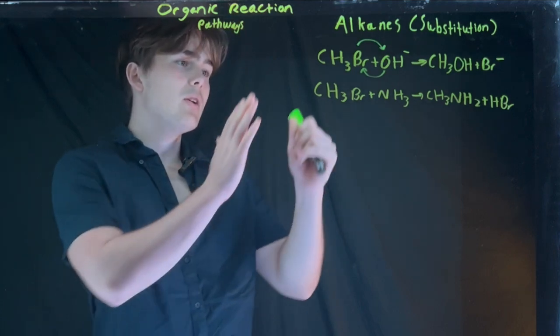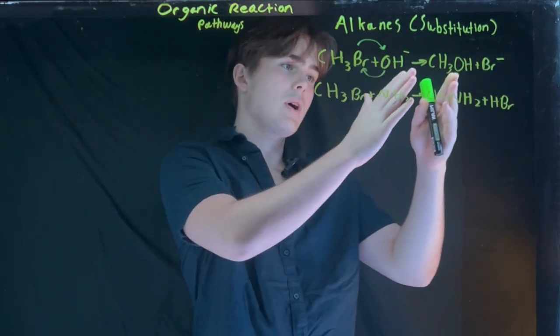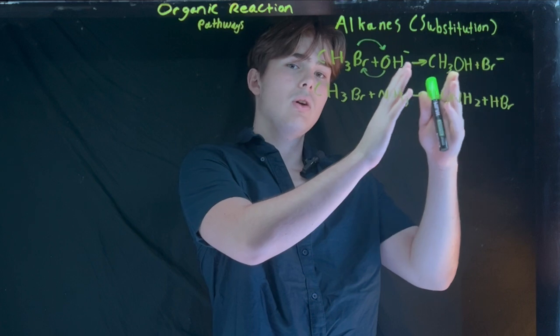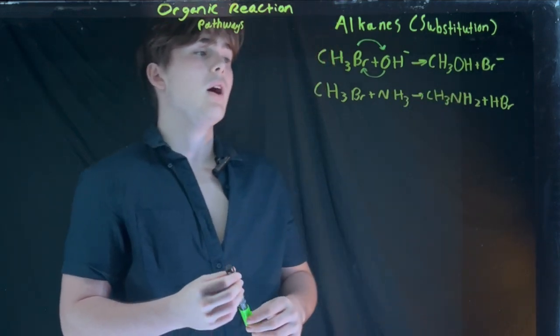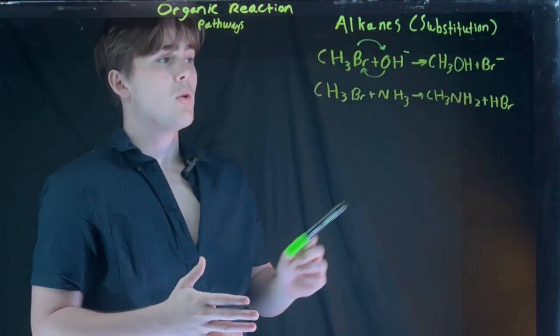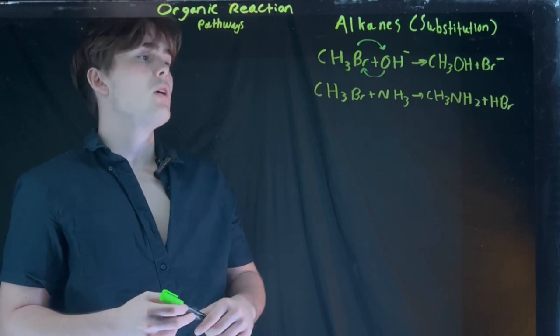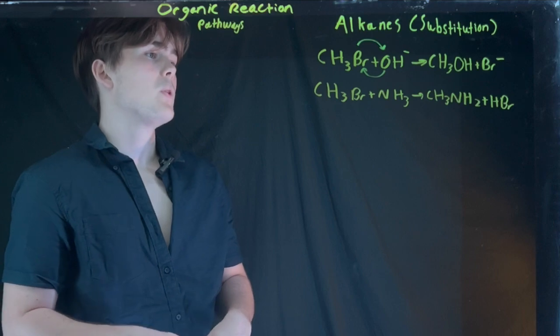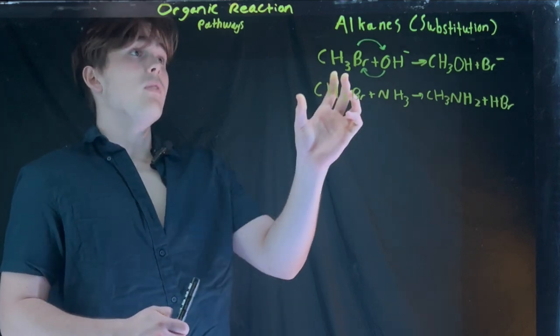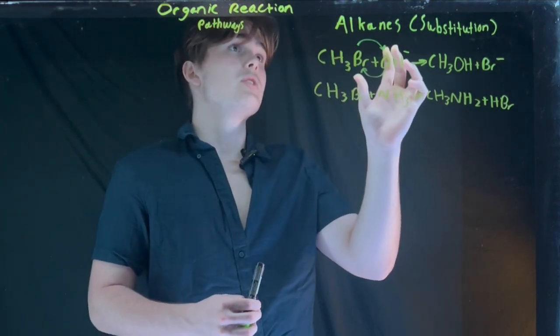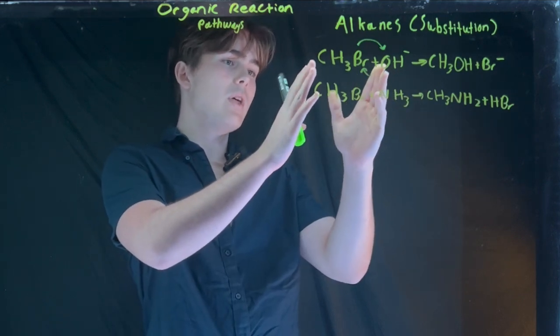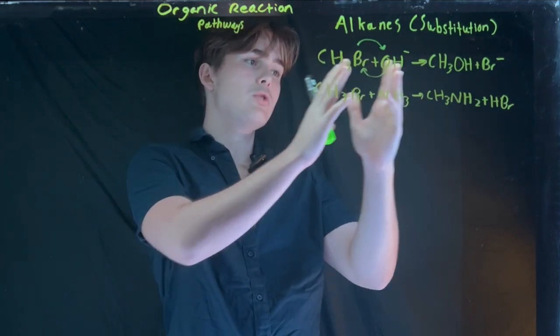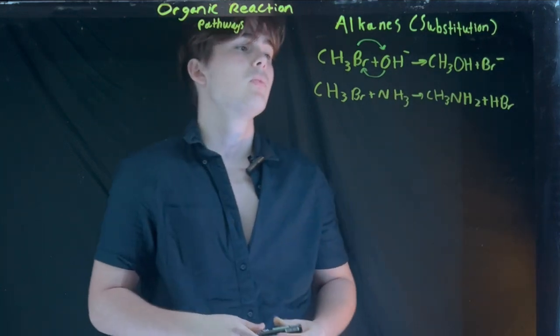So we've gone from a haloalkane on this side to an alcohol, which is a 1-carbon alcohol, so it's methanol, and a bromine atom as well. So that's an example of a substitution reaction with a haloalkane to produce an alcohol.